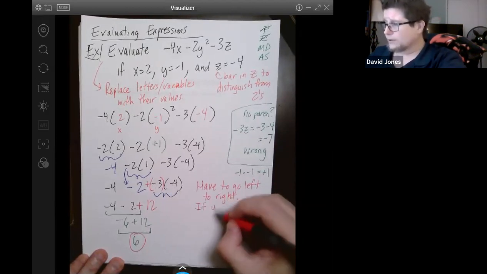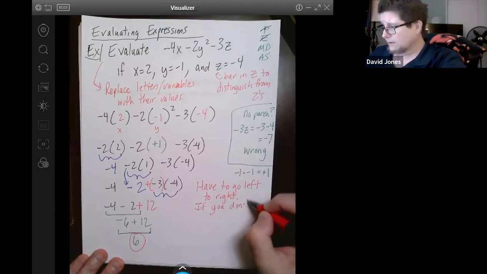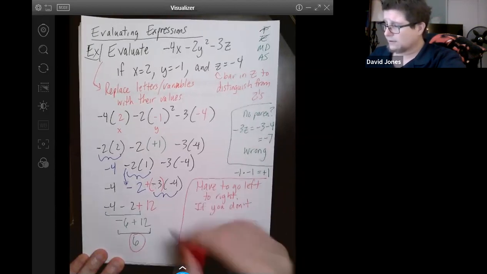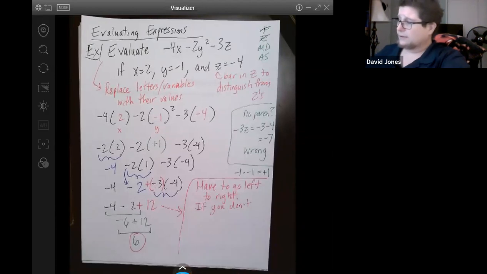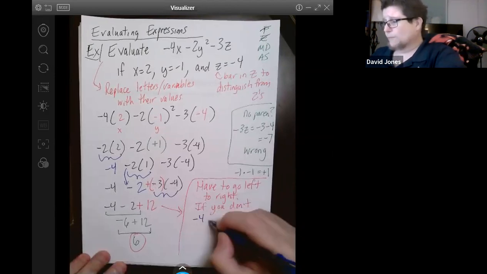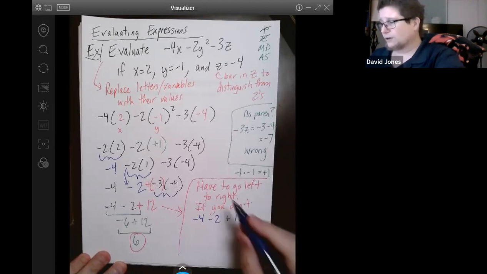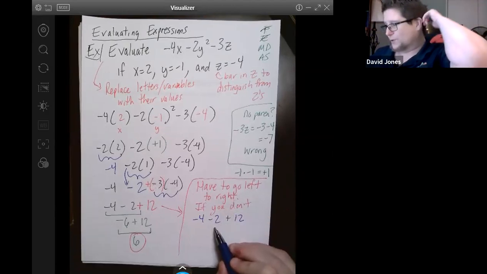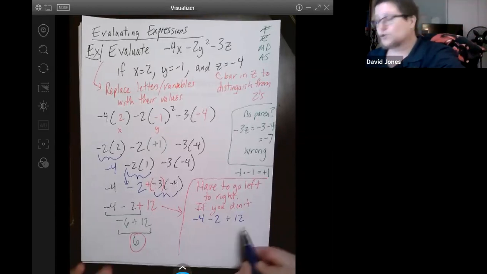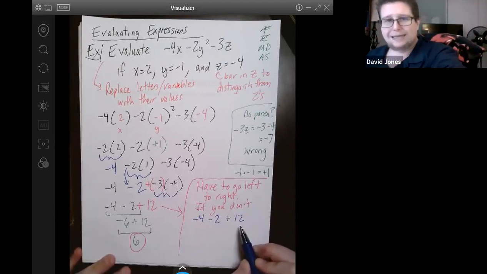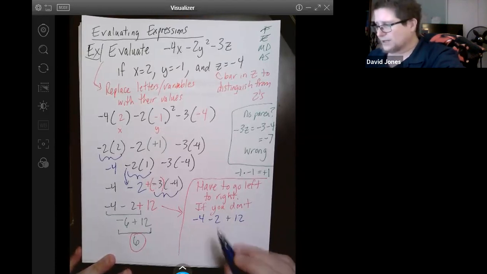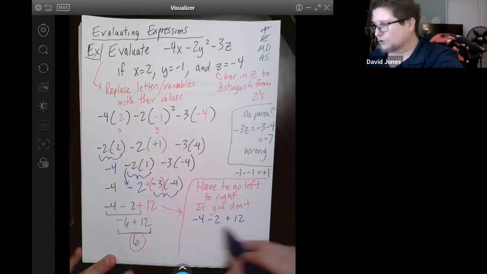If you don't, here's what happens. Negative 4 minus 2 plus 12. If I do these first, 2 plus 12, the correct way to do it would be add the negative 2 and the 12. And then you could get away with it. If you treated them all as addition, it doesn't matter. The problem is sometimes people will look at these and go 2 plus 12 is 14.